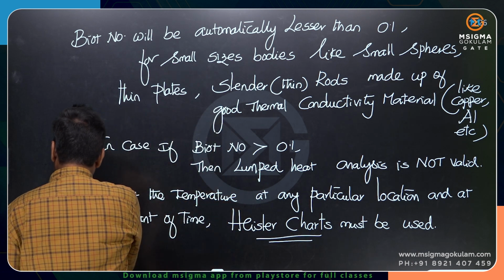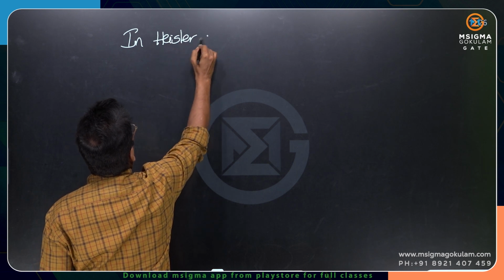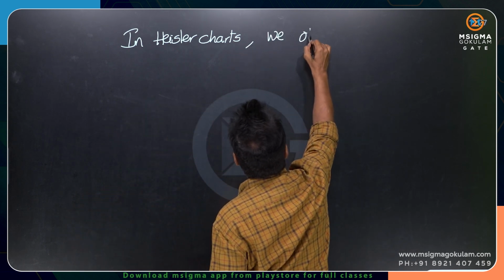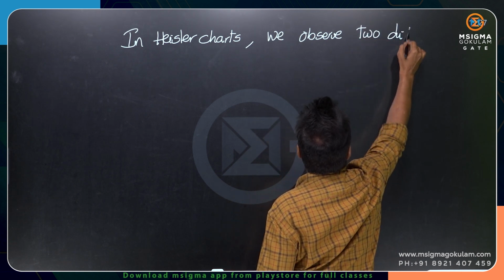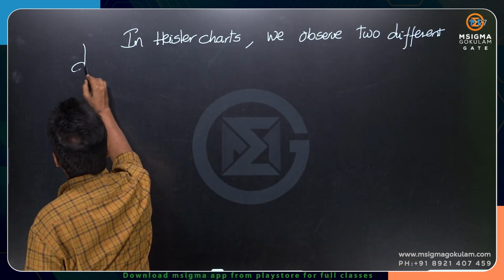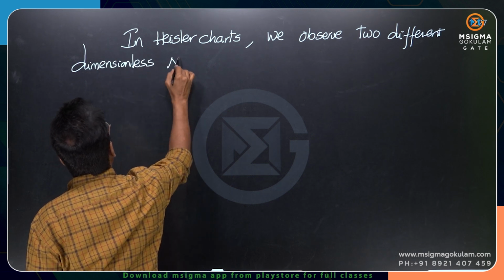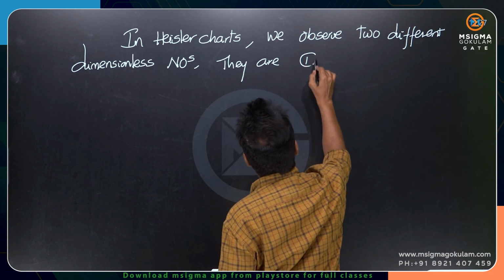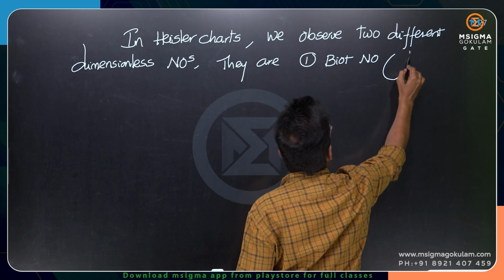In these Heisler charts, we see two different dimensionless numbers. Number one, the Biot number, which you have already seen, that is hS by k.